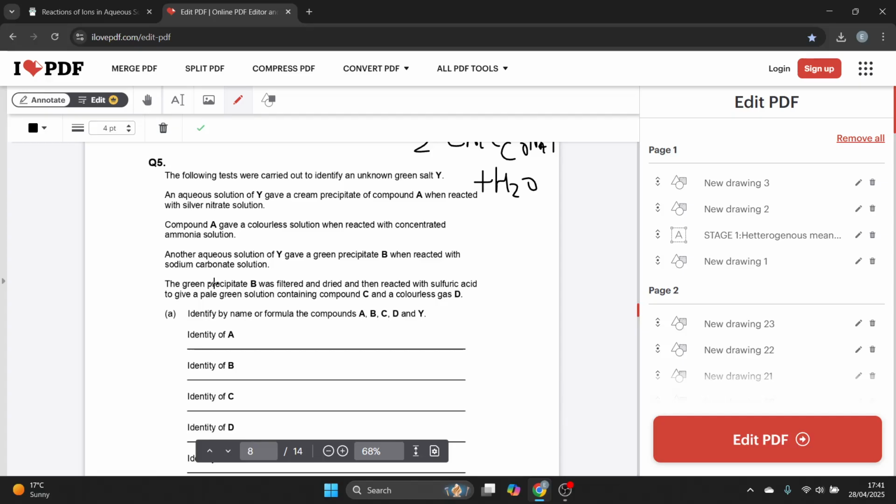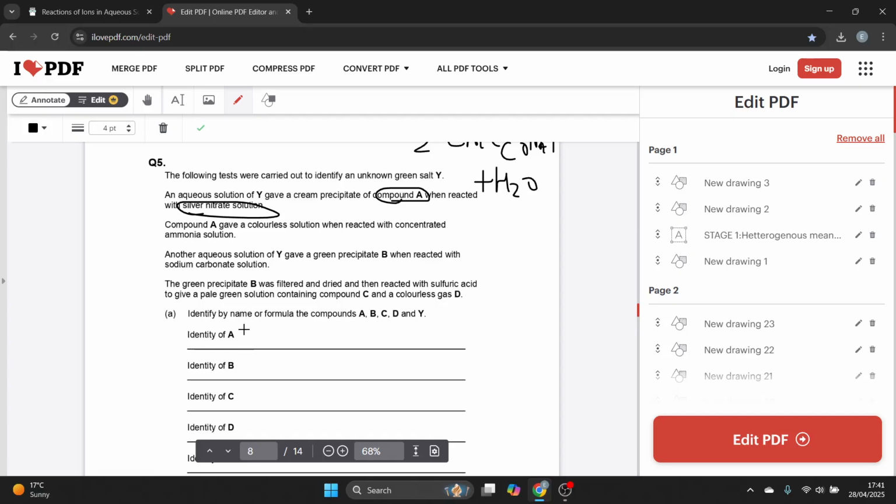When it says an aqueous solution of Y gave a cream precipitate of compound A when reacted with silver nitrate solution, so what is A? It's a green salt, and A gave a colorless solution when reacted with concentrated ammonia solution.